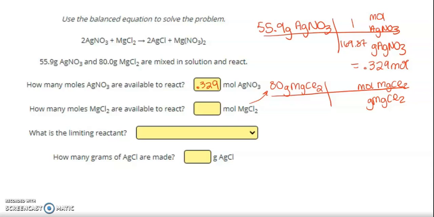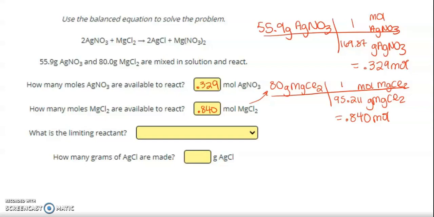Look on the periodic table, 1 magnesium, 2 chlorines. 1 mole of MgCl2 is equal to 95.211 grams. Top times top, divide by bottom, and we get 0.840 moles MgCl2.